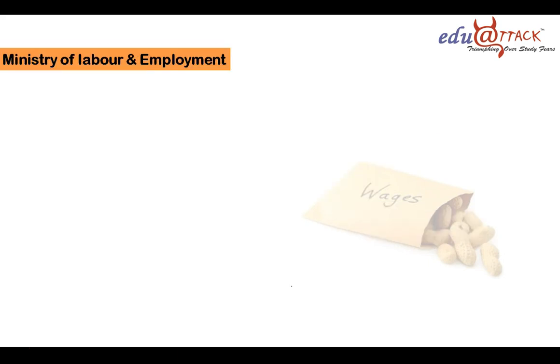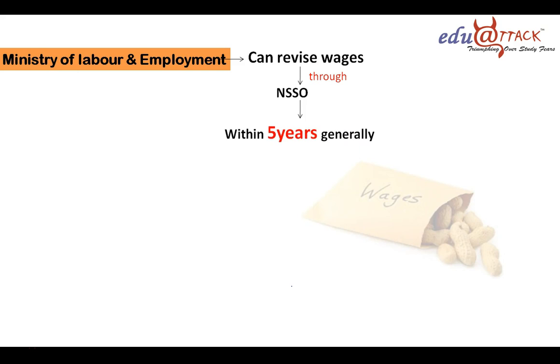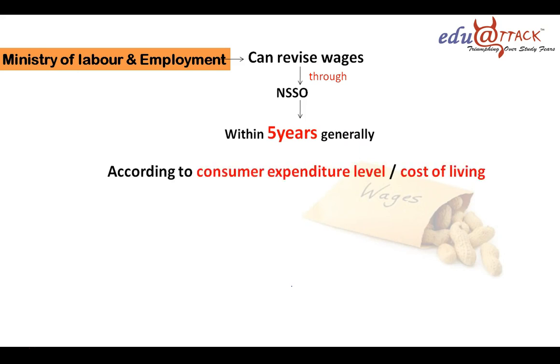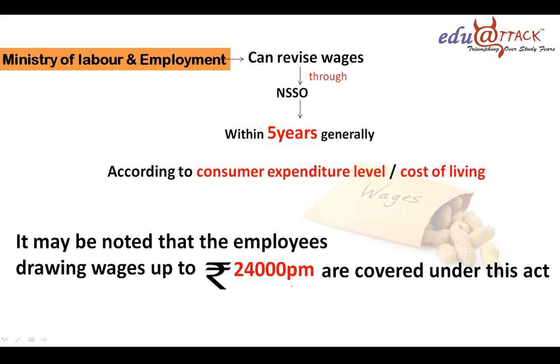Clear? Right? The Ministry of Labor and Employment can revise wages through the NSSO, National Sample Survey Organization, generally within 5 years, according to consumer expenditure level and cost of living. It may be noted that employees drawing wages up to Rs 24,000 are covered under this act.